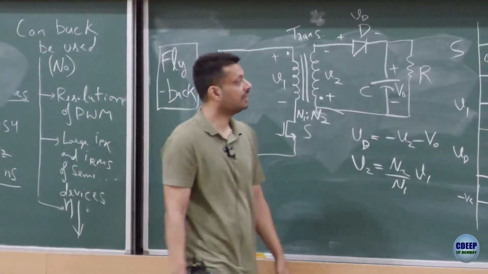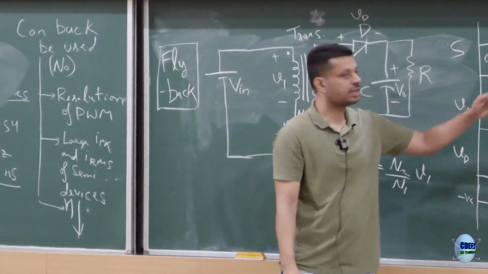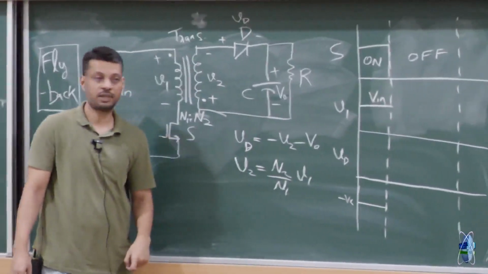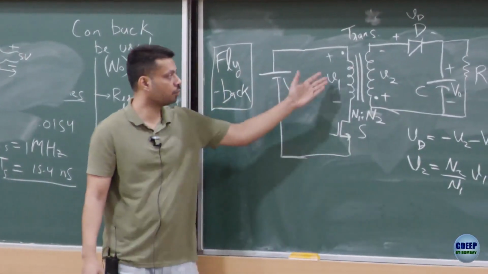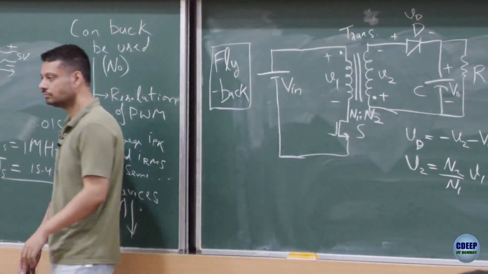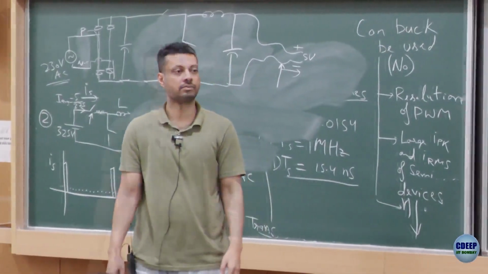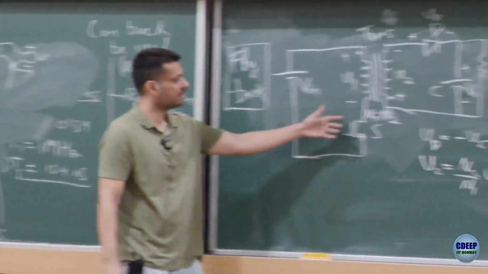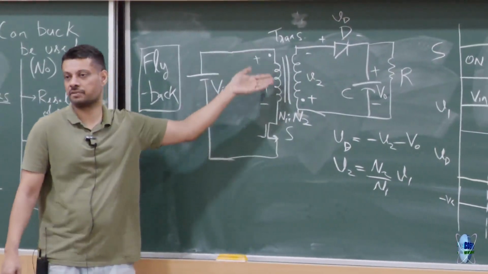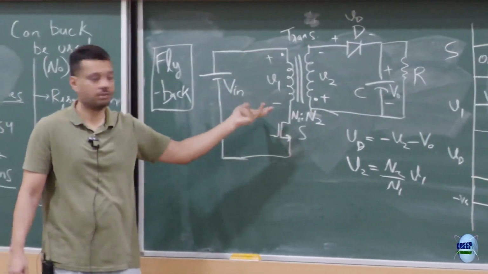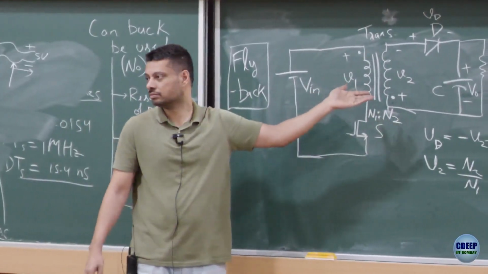Good. Then when the switch turns off, subsequently S turns off, what would be V1? It's open circuit, and this is an ideal transformer, no current flows through it, so it's 0. What would be V2? 0.